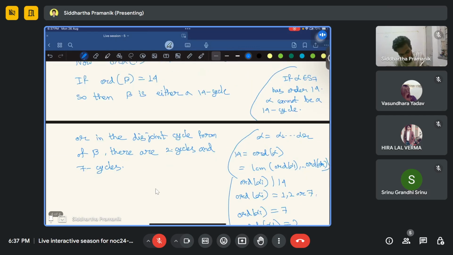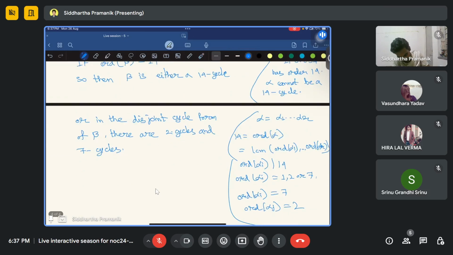So this is also not possible. So none of these two cases, either a 14 cycle or a product of 2 cycles and 7 cycles, are possible.